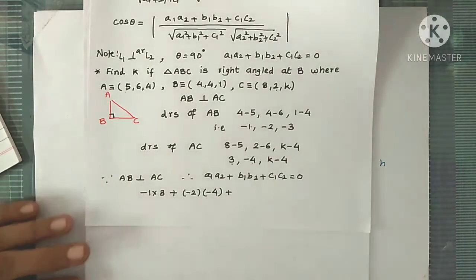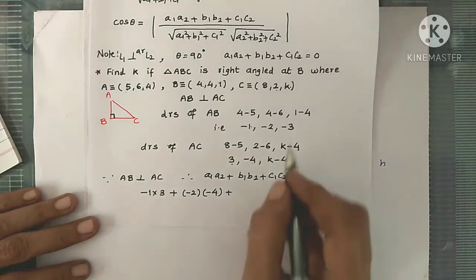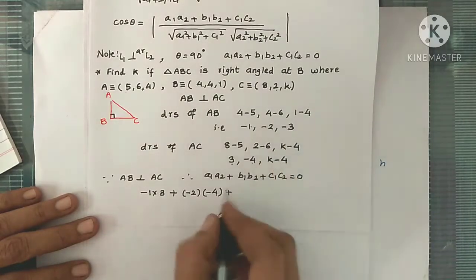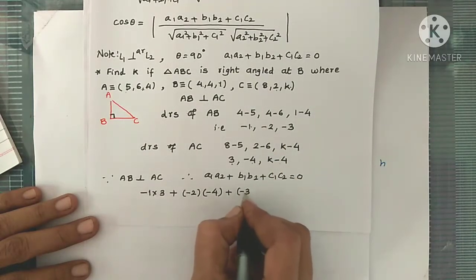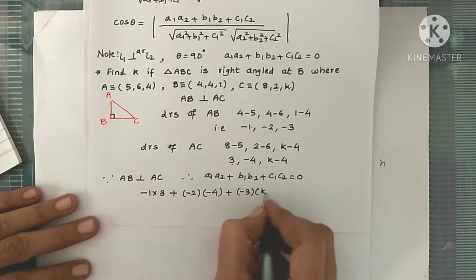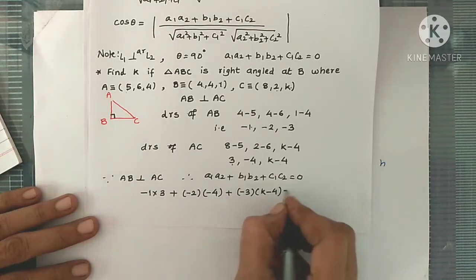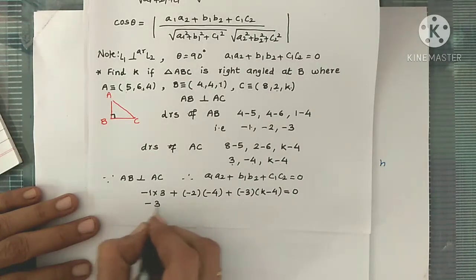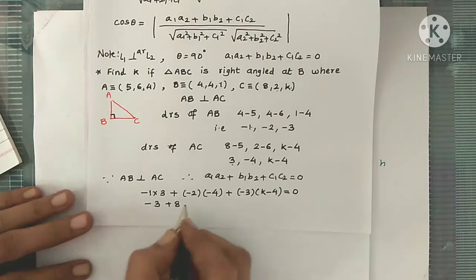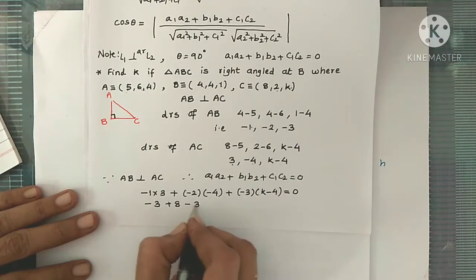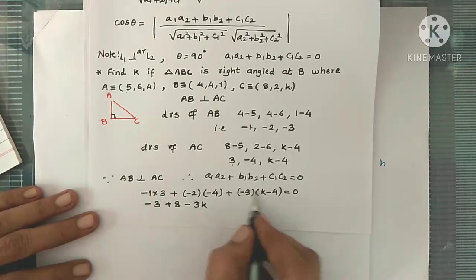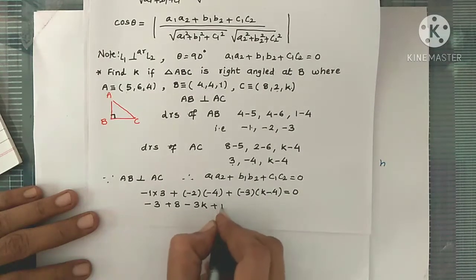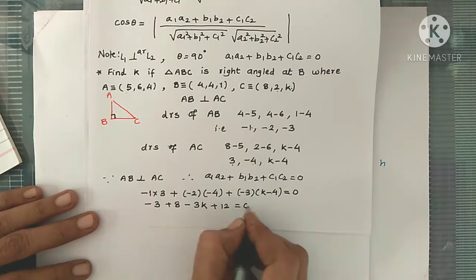Let's write the simplification in the next step. And the last one is minus 3 into k minus 4. Adding these products, the sum is 0. So it is minus 3 plus 8, then simplifying we get minus 3k plus 12 equal to 0.